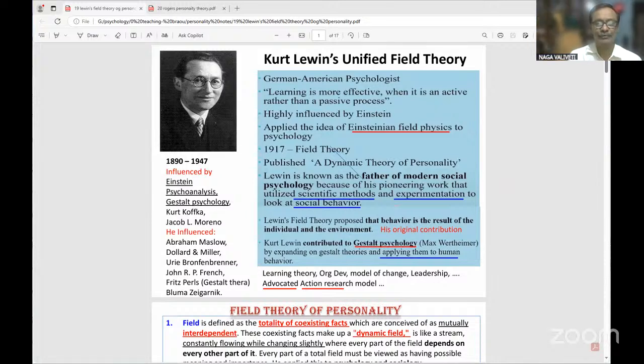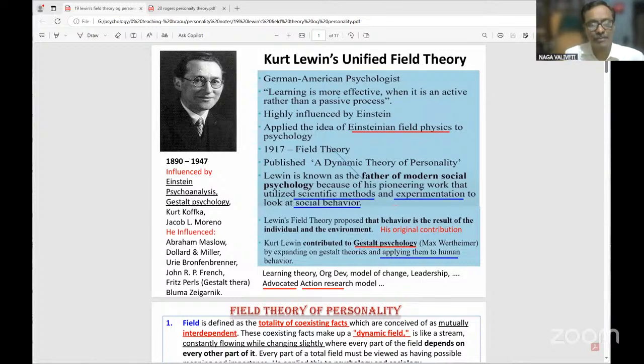So if you want to describe a person, we describe in verbal terms elements like cognitive, behavioral, and affective or emotional aspects, and other aspects we consider. But here, he is not in favor of verbal explanation of the concepts. He wanted to explain in a more scientific way.